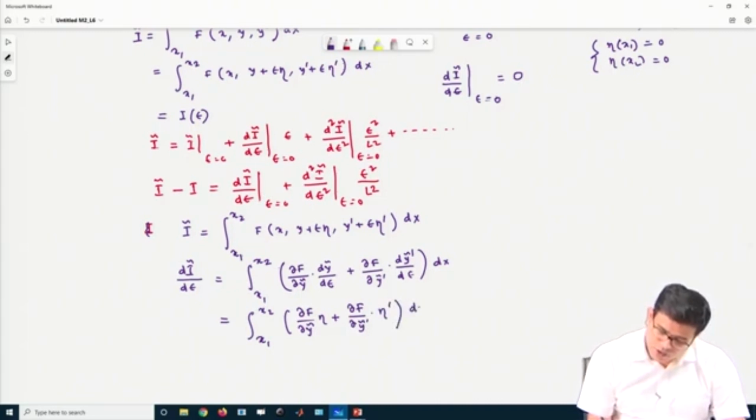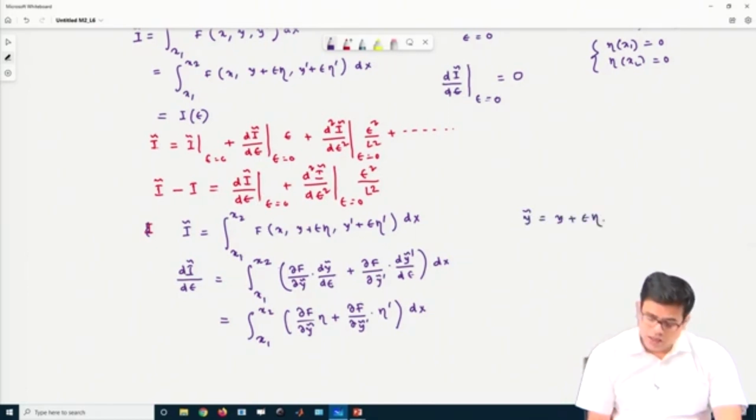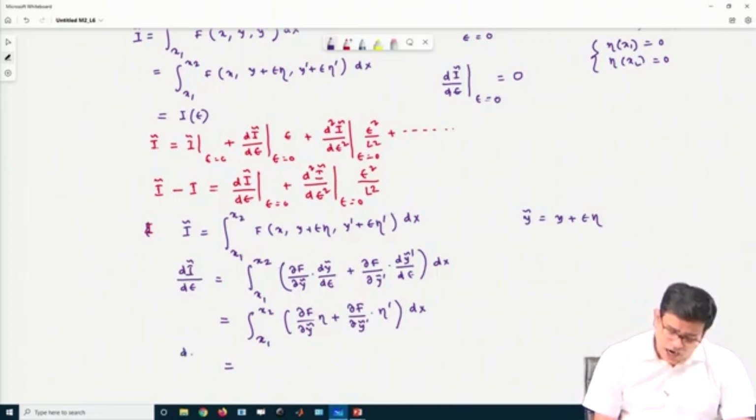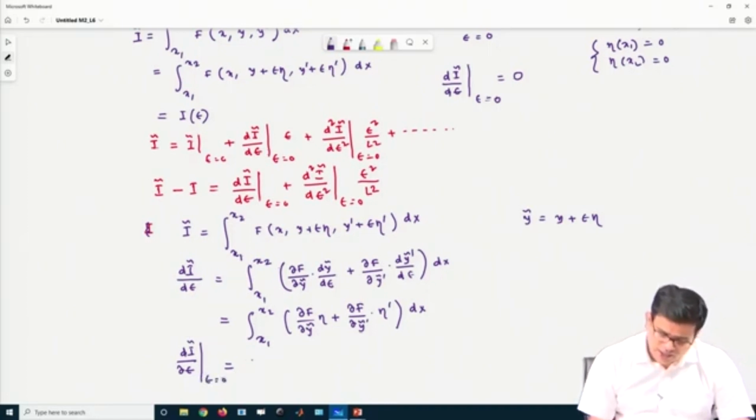So we know from this expression that y tilde is essentially y plus epsilon into eta. Now if I just invoke the condition that dI tilde by d epsilon, if I just take epsilon equals to 0, I can write these things in terms of epsilon.